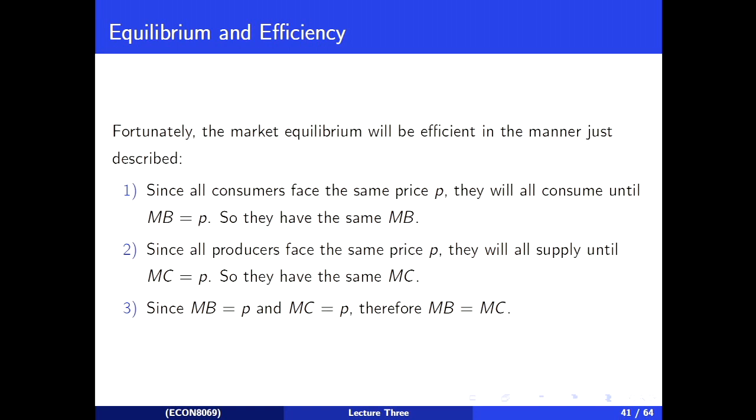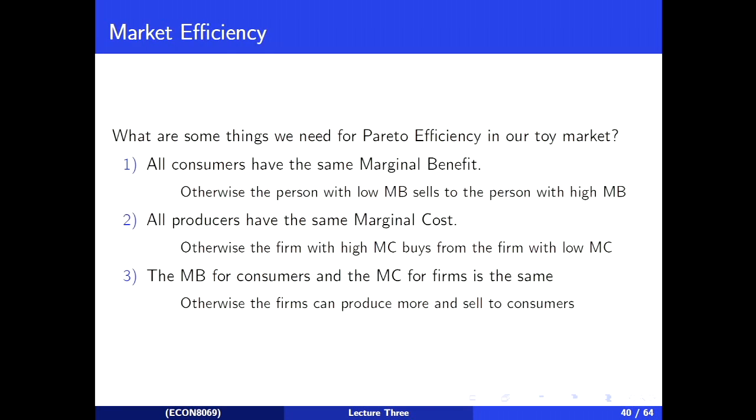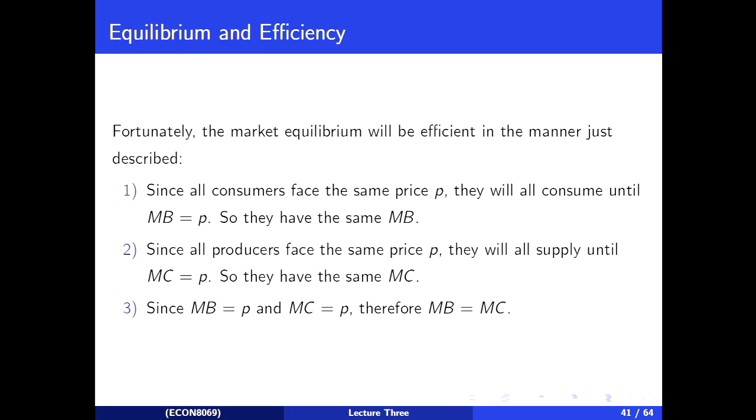Because if we're at this nice equilibrium point here, if we're living at point A, we're in equilibrium. The market equilibrium is nice because it is efficient in the sense that it satisfies exactly these three statements.